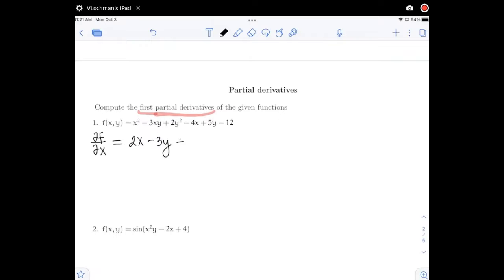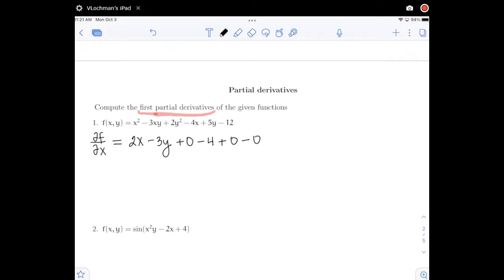So that's plus 0 because we're differentiating with respect to x. Negative 4x prime, that's negative 4. 5y, that's also a constant, so we get 0 here, and then 12 is a true constant, so that's 0.